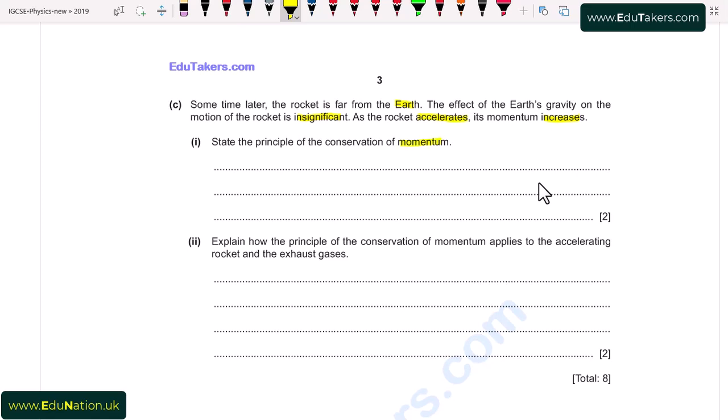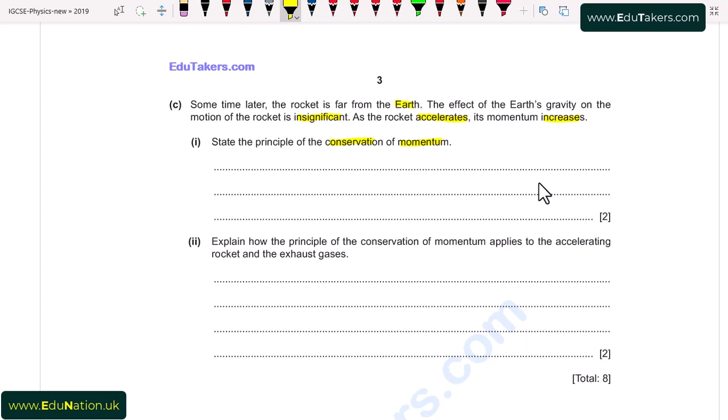Here we have to state the principle of conservation of momentum. According to this principle, the total momentum of an isolated system remains constant. It means that the total momentum before and after the collision is constant.